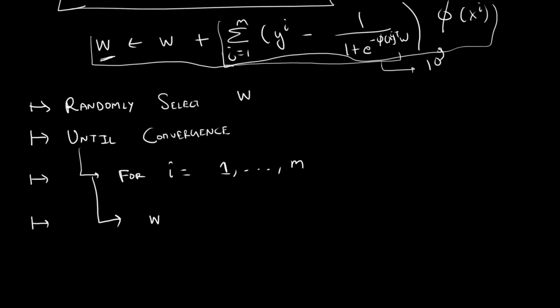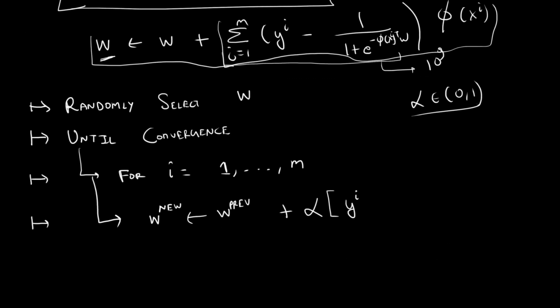We will denote the previous value of w by w pre and the new value by w new. So w new takes the value of w pre plus alpha times (yi minus 1 over 1 plus e to the power negative phi of xi transpose w) times phi of xi, where alpha is the learning rate, alpha belongs to 0 to 1.